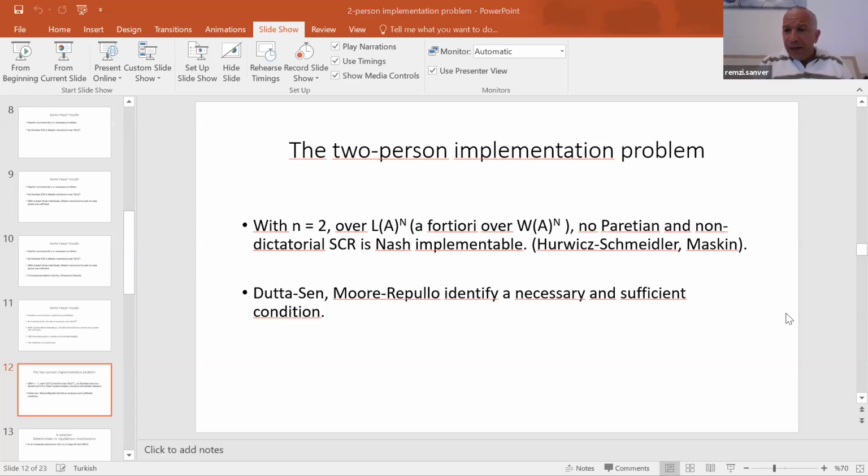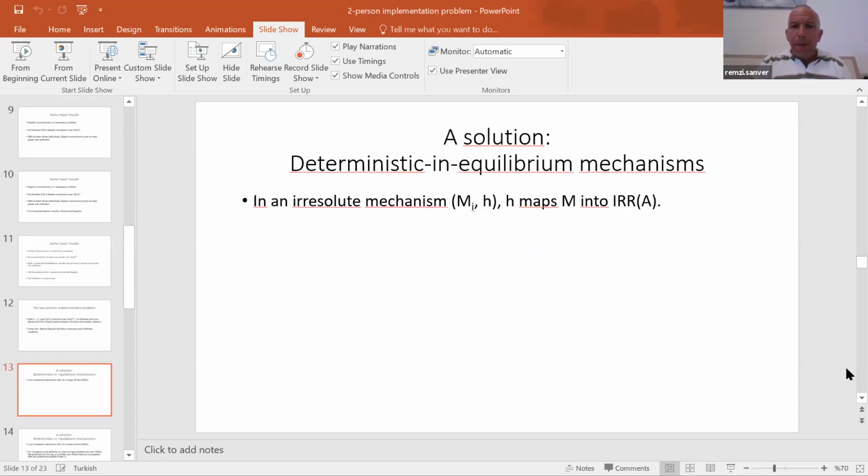And the change that we make is we go to irresolute mechanisms. So what is an irresolute mechanism?